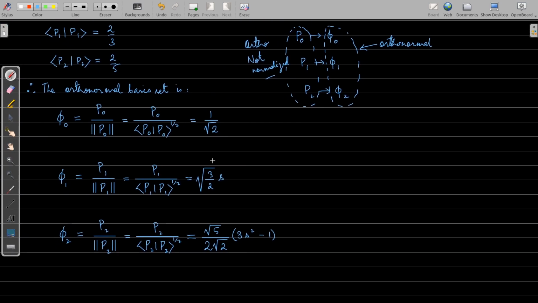Okay, so we might as well write it like this. If you want to switch from one set of functions to another set of functions, we can write P0 of s is equal to root over 2 times phi 0 of s. In a similar way, P1 of s is equal to root over 2 by 3 into phi 1 of s.